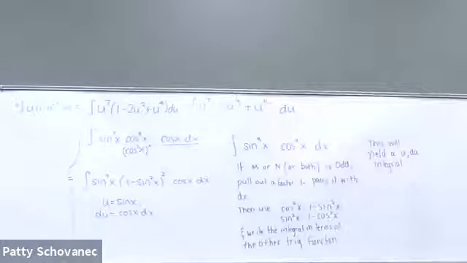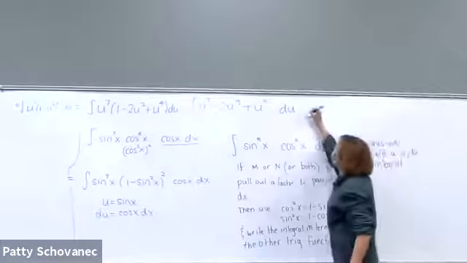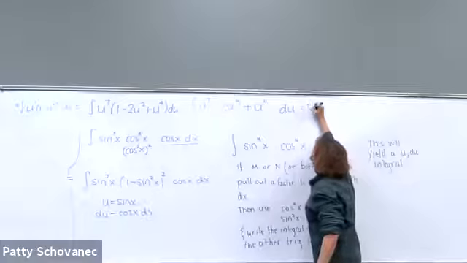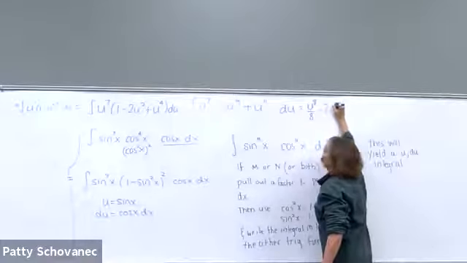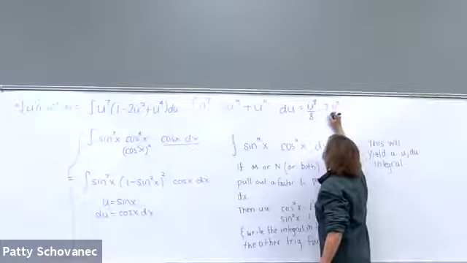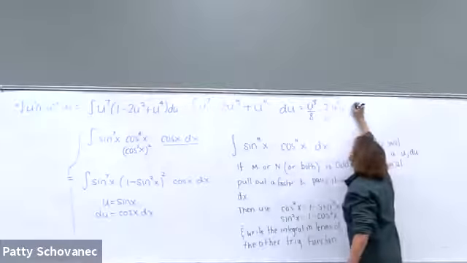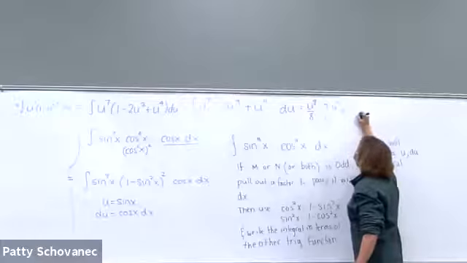Now I just integrate term by term with the power rule. Keep going across the top of the board. We get u to the 8th over 8 minus 2u to the 10th over 10 plus u to the 12th over 12.